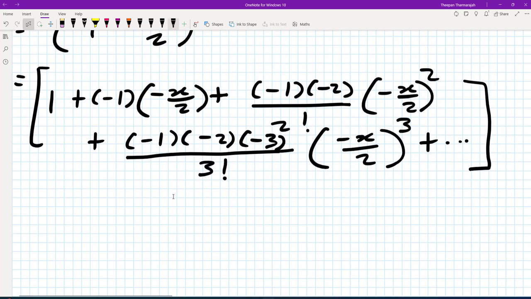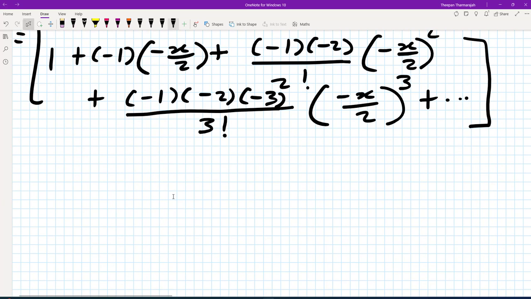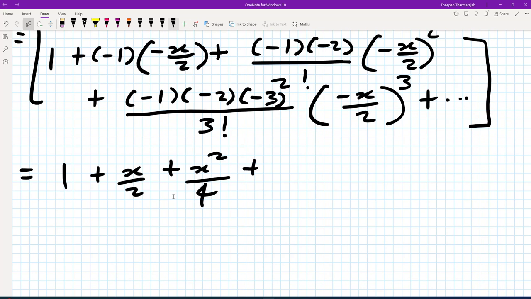And if we were to expand that out, we would end up with 1 plus x over 2 plus x squared over 4 plus x cubed over 8 plus other subsequent terms.